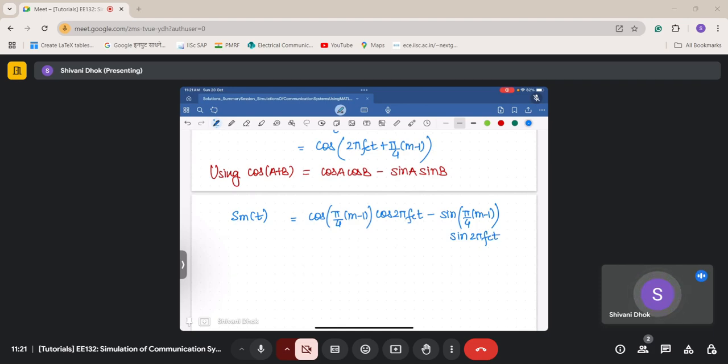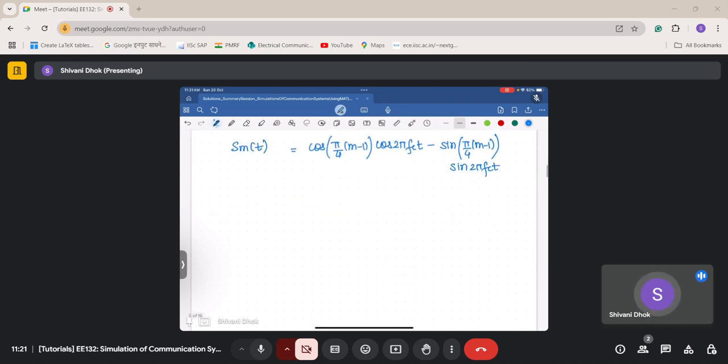Okay, so this is the mth signal that we are having. So now I can just rearrange it a little bit.